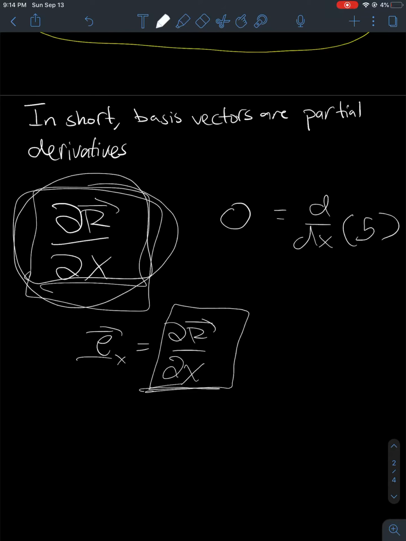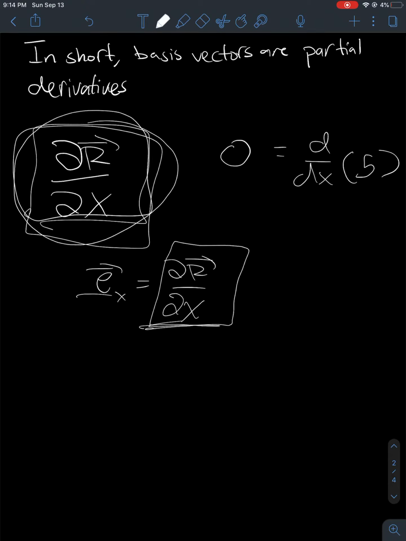So this may seem pointless to you. Why should we throw away our old intuition of vectors? Why make basis vectors partial derivatives?